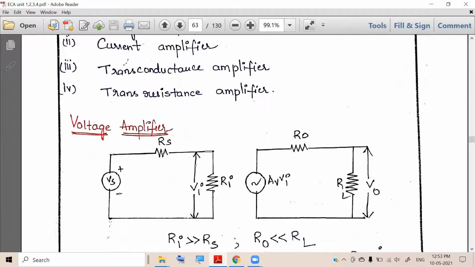In this case, we discussed that this resistance has to be small. Once this resistance is small, then maximum voltage will pass on here. Likewise, for this voltage to pass on to the load, a similar condition: R0 should be small compared to RL.